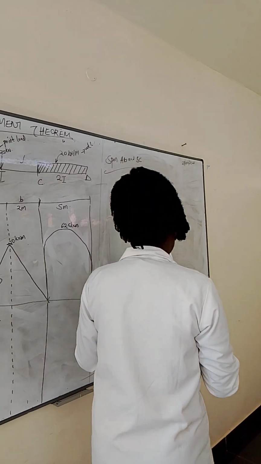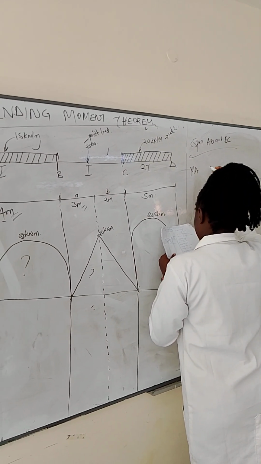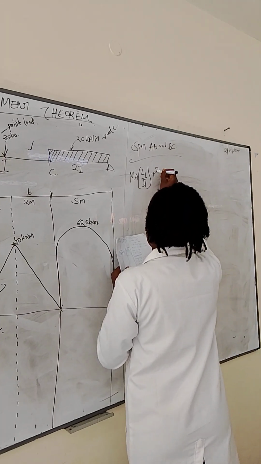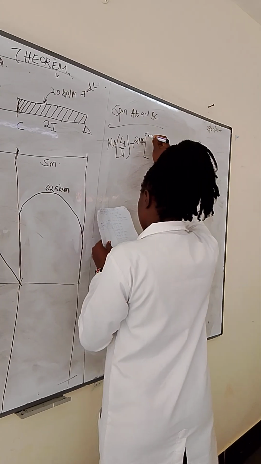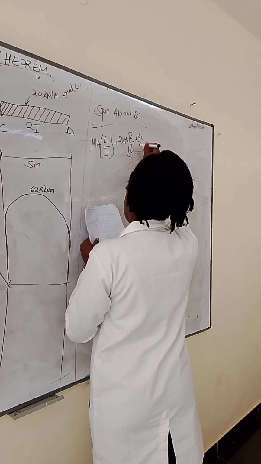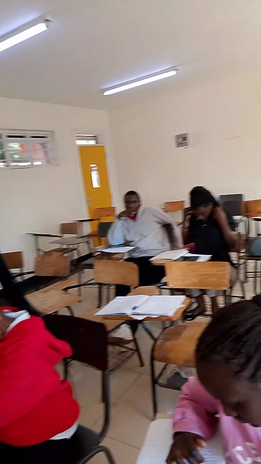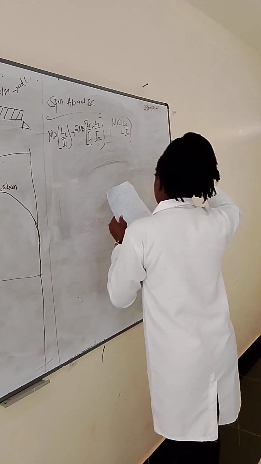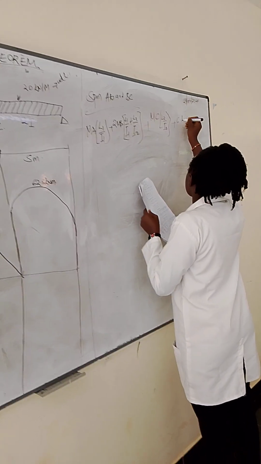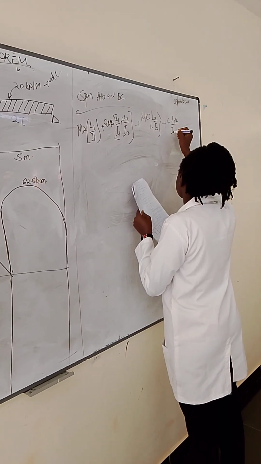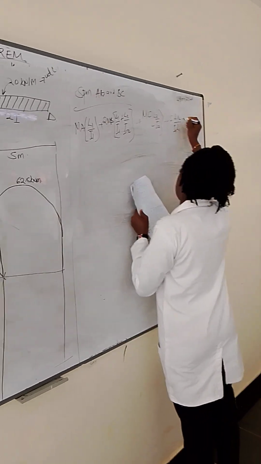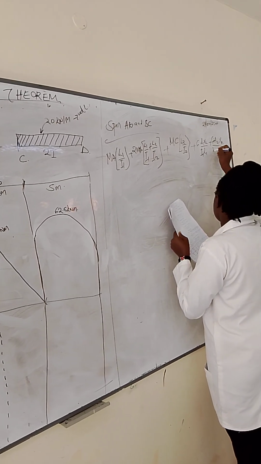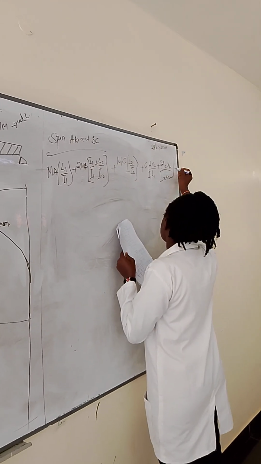And we have a formula that will guide us for that, which will be MA L1 plus 2MB into L1 over I1 plus L2 over I2 plus MC L2 over I2 plus 6 L1 x left over I1 L1 plus 6 area 2 x right over I2 L2 is equal to 0.